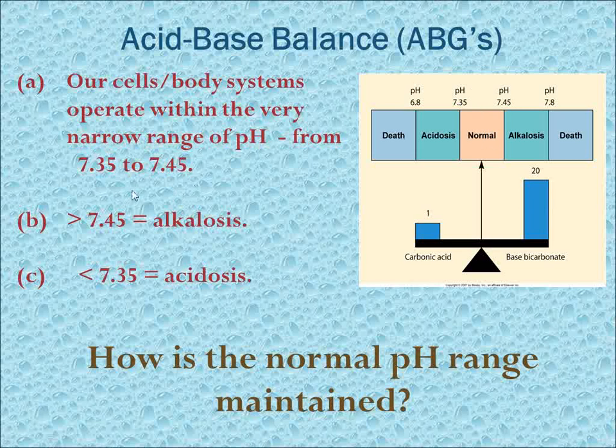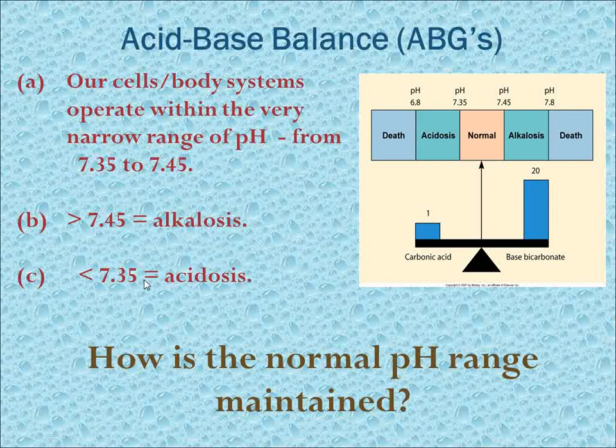You can see that the range is anywhere from 7.35 to 7.45, and number one, that's a very, very narrow range, but it's also in the slightly alkaline range, which is, as we discussed, because the cells are constantly pooping out acid as they do their metabolic function, and that's why the normal pH is usually kept in a slightly alkaline range. If the pH goes above 7.45, this is an alkalotic state. If it's below 7.35, then it is an acidotic state.